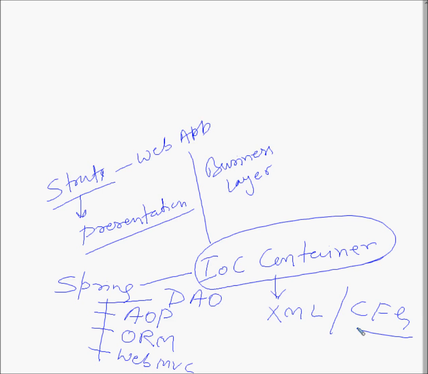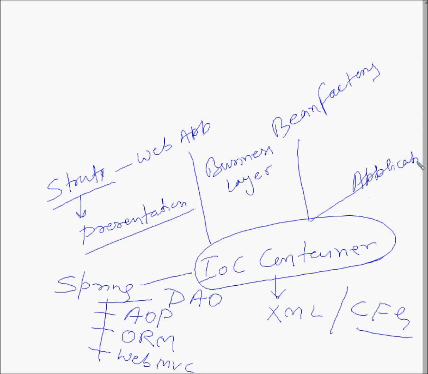Now this IOC container uses two interfaces. One is the bean factory. Second is the application context.